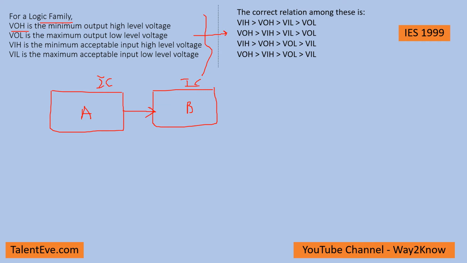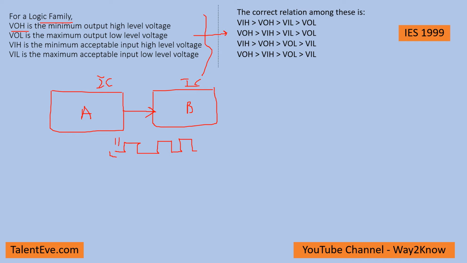Now whatever the levels that are transmitted by A, levels meaning basically in a digital circuit there will be a signal, right? Square wave or rectangle, whatever. So when you transmit this signal from A to B, basically there will be a low voltage and a high voltage.